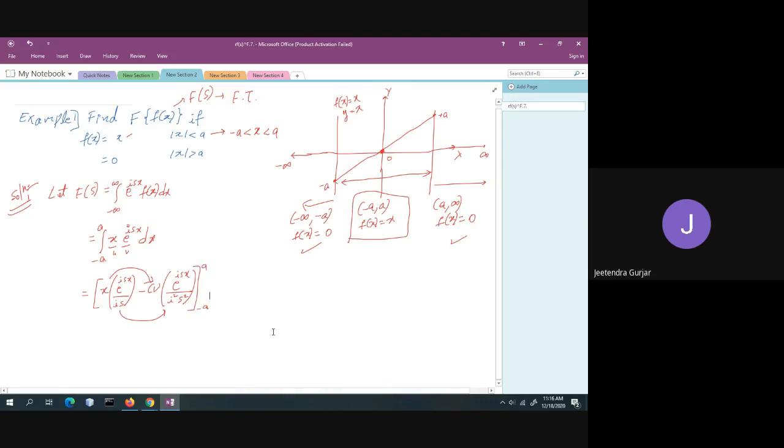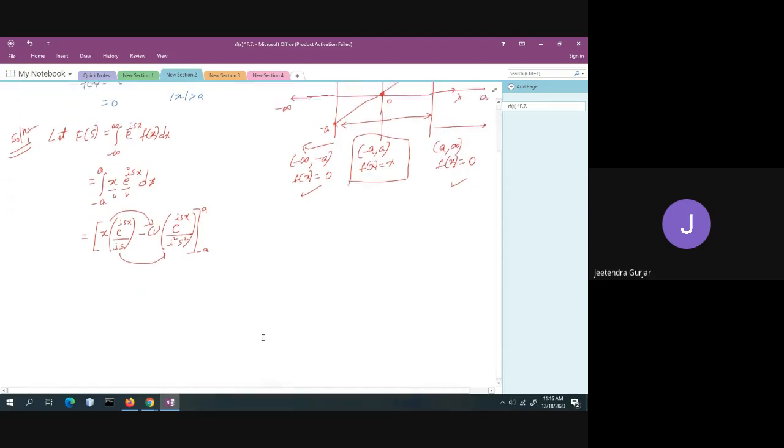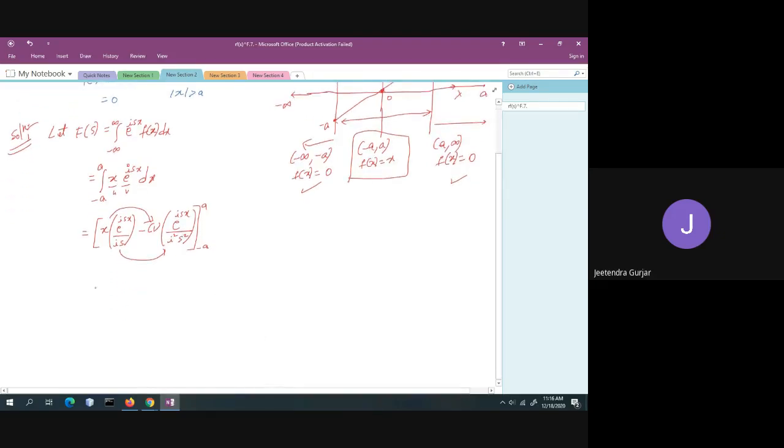So this is how we are going to simplify, students. Is it clear? Now I will simplify this one by one. I will take this first part, I will call this the first value. Here I will substitute a and minus a in this. Wherever x is there, I will substitute a first. So x is a, I will take this a, and this is e raised to i s a divided by i s.